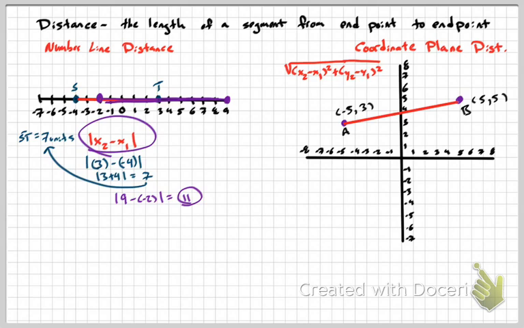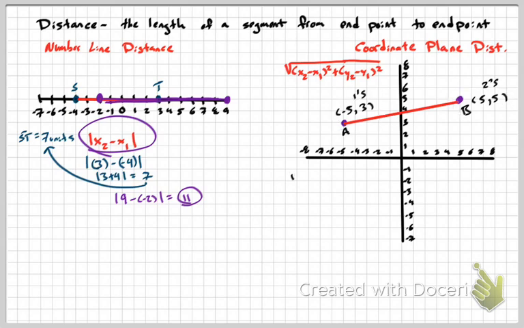So this would be my x1, y1, and this could be my x2, y2. Or this could be my x1, y1, and this could be my x2, y2. It doesn't matter which ones you pick, but whatever you decide, keep it the same. So this will be my 1s, and this will be my 2s. What I'm talking about are these little sub numbers at the bottom.